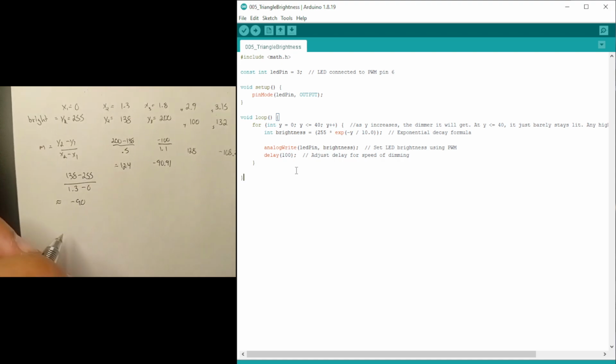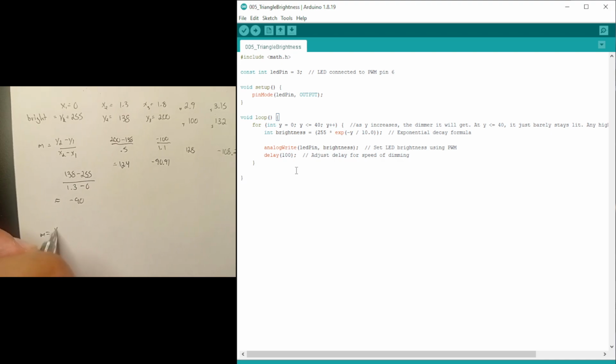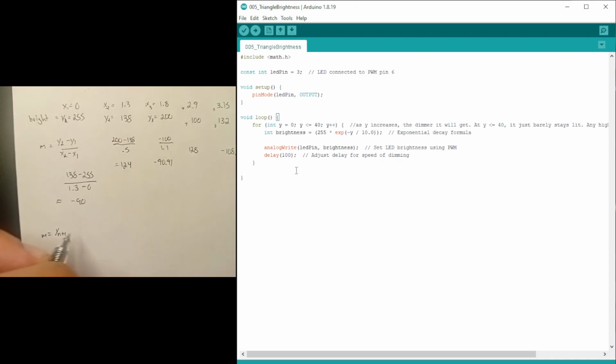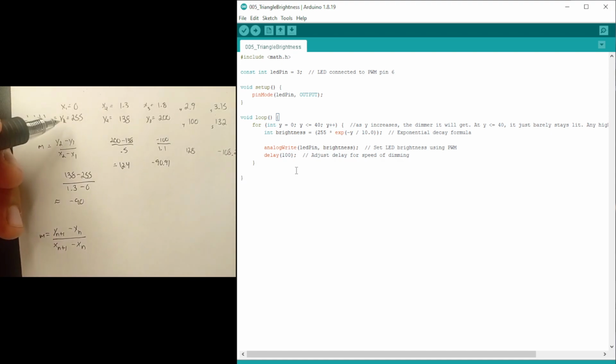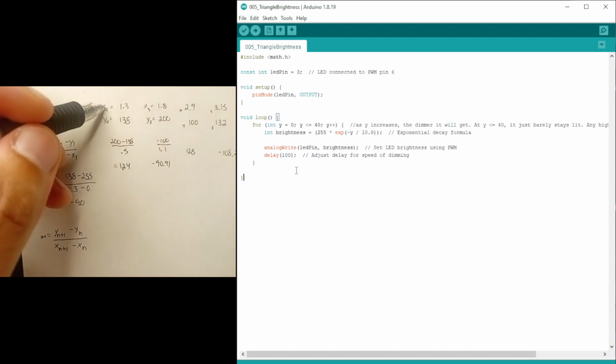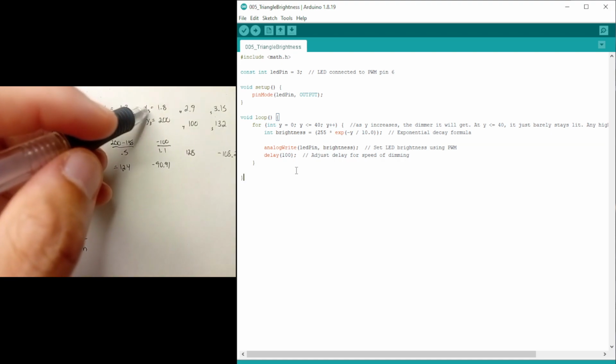Here's the equation in more mathematical terms: y(n+1) minus y(n) over x(n+1) minus x(n). This means if n is the position number, for instance x1, second x is x2, third x is x3.